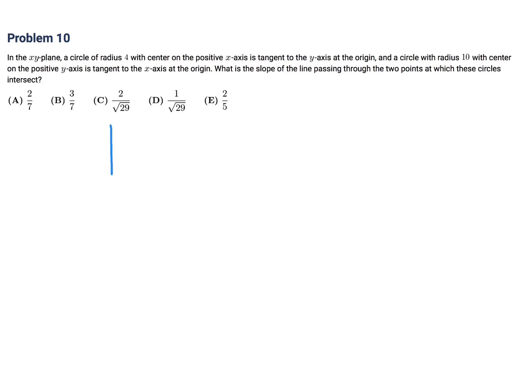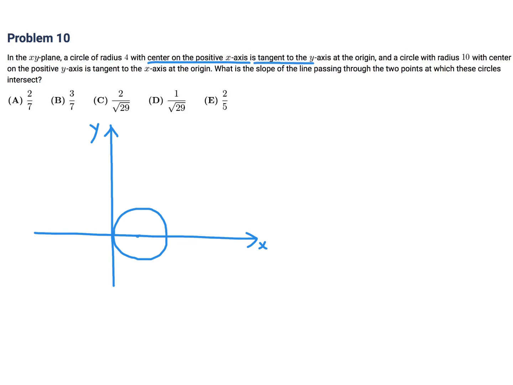Let's draw a diagram if we can. So the first one is going to be something like this. So this is the x-axis, the y-axis, and like they say, that is tangent to the y-axis, and it's got its center on the x-axis, correct? Center on the positive x-axis, tangent to the y-axis.